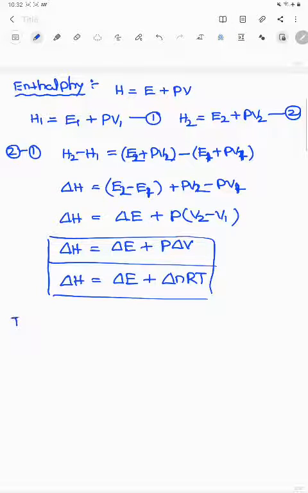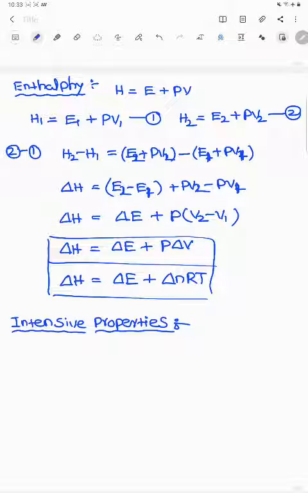Here intensive properties means the properties which are independent of the amount of the substance present in the system are called intensive properties.